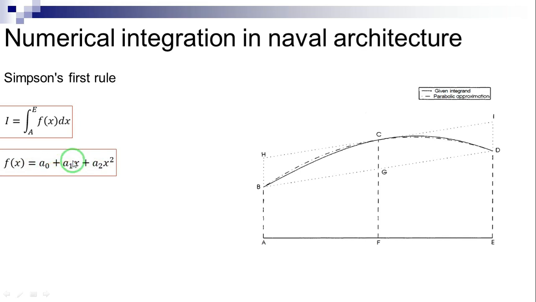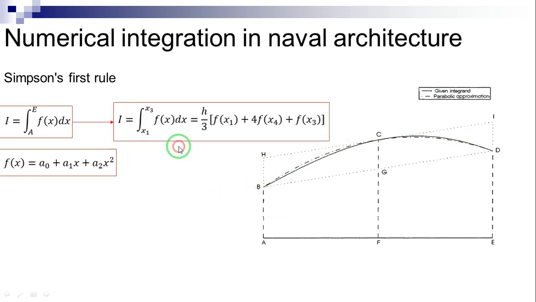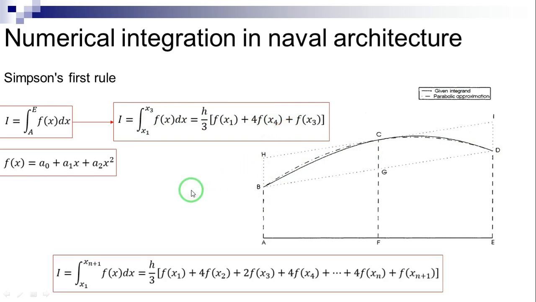This parabola is shown in this figure by the dash-dotted line. It can be shown that based on Simpson's first rule, the area A, B, C, D, E, A can be computed using this equation. For an arbitrary number of subintervals, Simpson's first rule is written as follows.